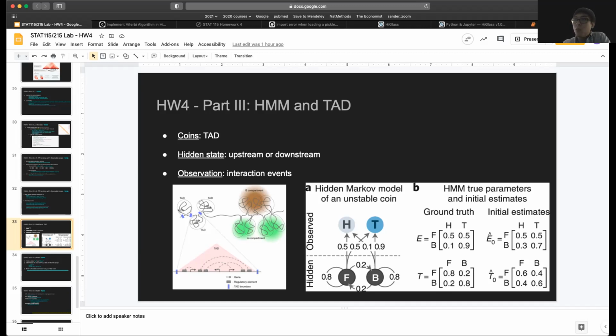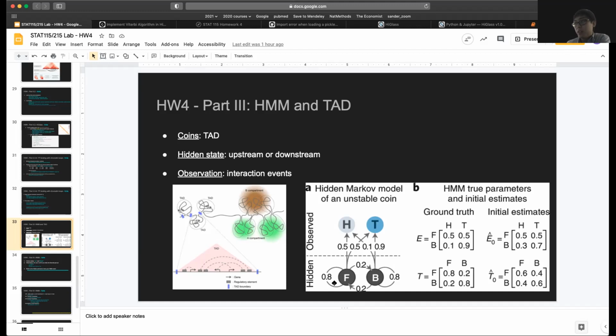But if the coin is in the fair mode, then for the next flip it is more likely to remain fair. If you look at the diagram on the right, if the coin is in the fair mode right now, next time it has 80% to stay in the fair mode. Similarly, if the coin is in the bias mode, next time it has 80% probability to stay in the bias mode. A fair coin gives 50% each for heads or tails, but a biased coin has a strong preference for tails over heads.